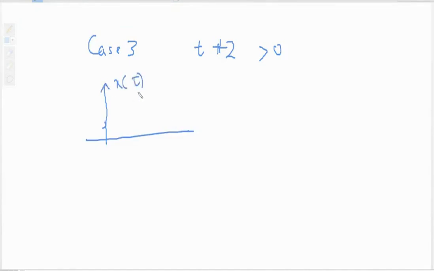X of tau is u of tau, fixed. Dear students, you should have a practice of drawing the unit step signal. Then only you can solve questions quickly. If you are confused with the sketch of u of t, then you cannot do anything.